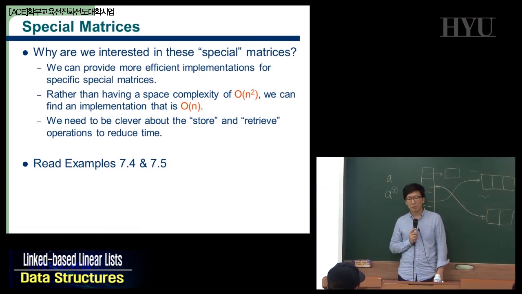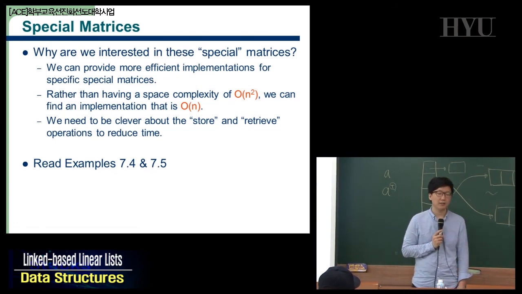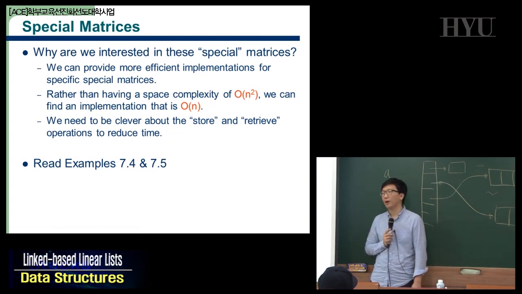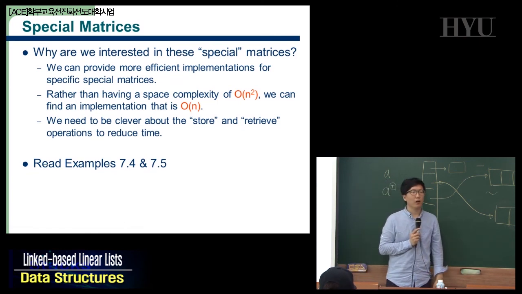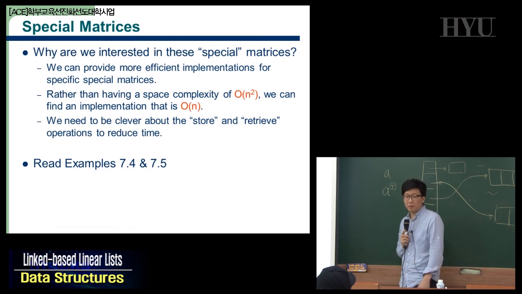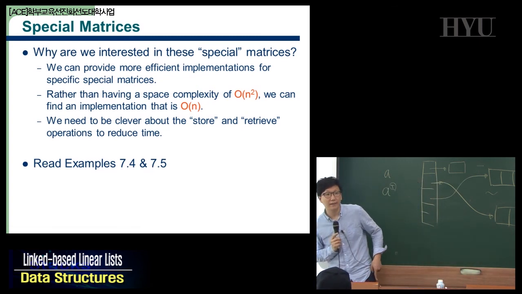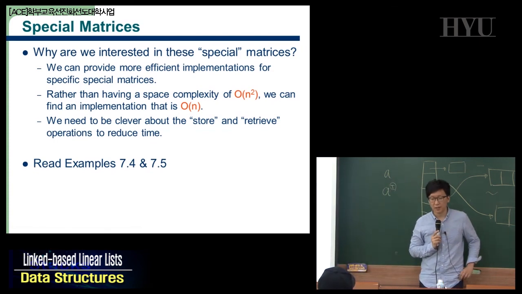Rather than having a space complexity of order n square, why do they say order n square for space complexity? Well, because it's n by n, I need n square amount of memory in the worst case. We can find an implementation for this of order n, maybe just n, linear space. Space complexity might be possible.